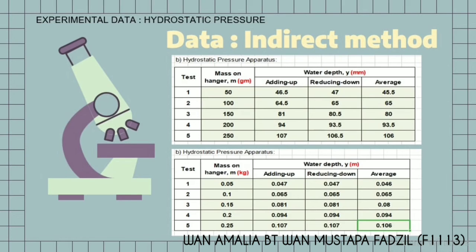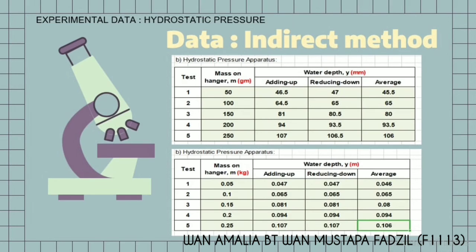Next, let's see the water depth. Table 1 is in millimeter and the second table is in meter. So how do we get adding up, reducing down and average? Let's see test 1. Table 1 is 46.5, divide by 1000 and you will get 0.047.